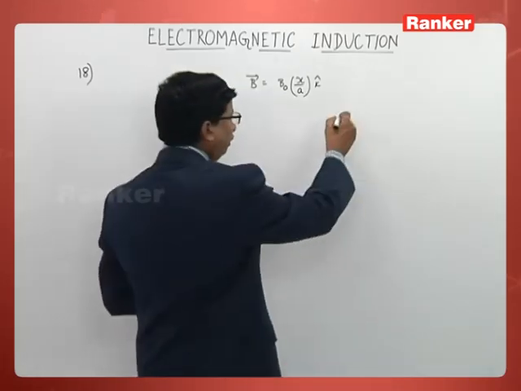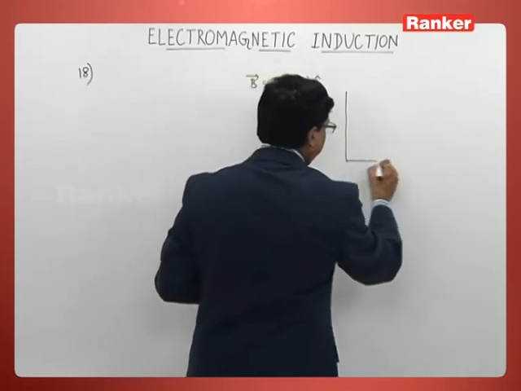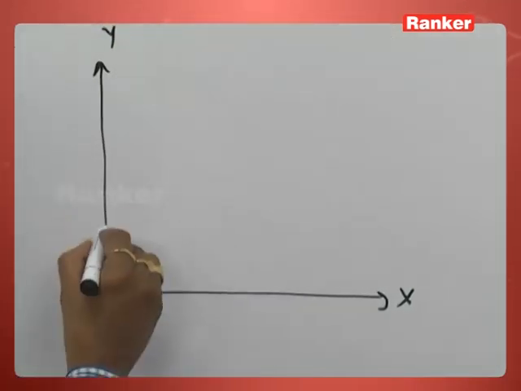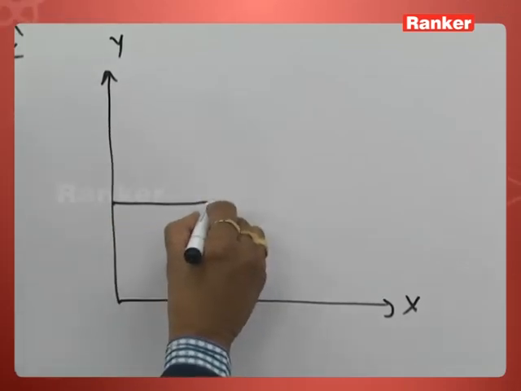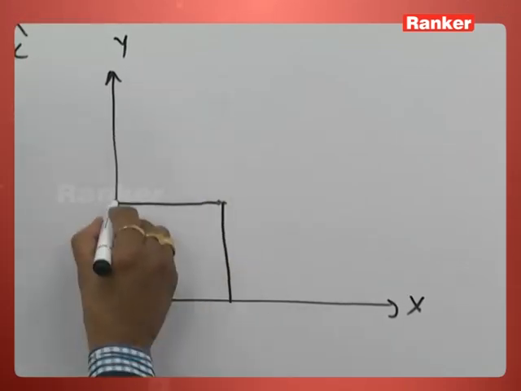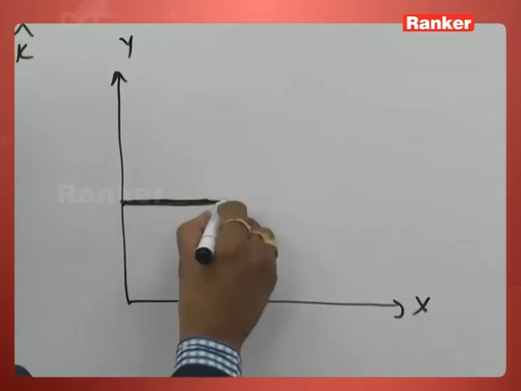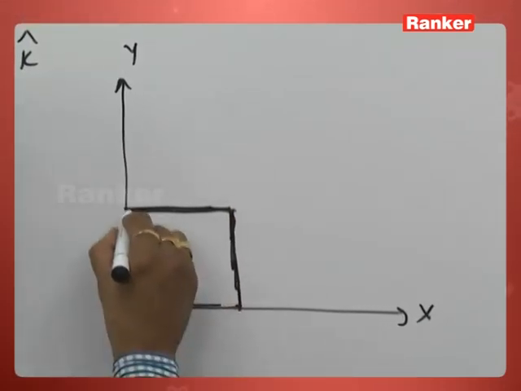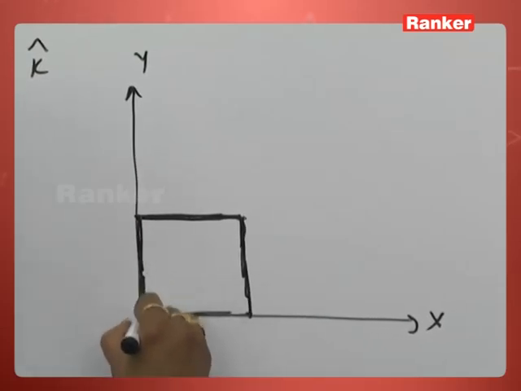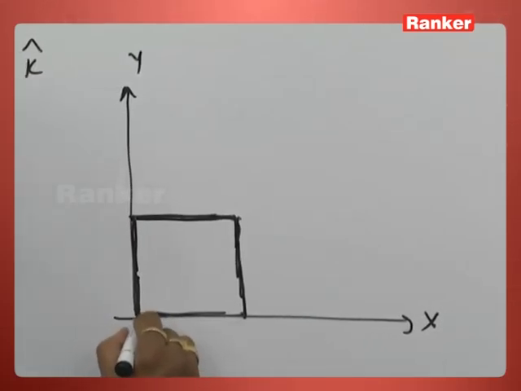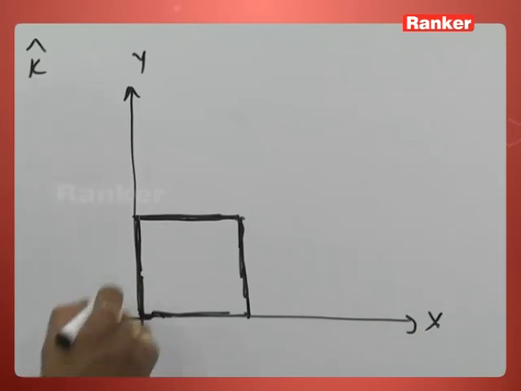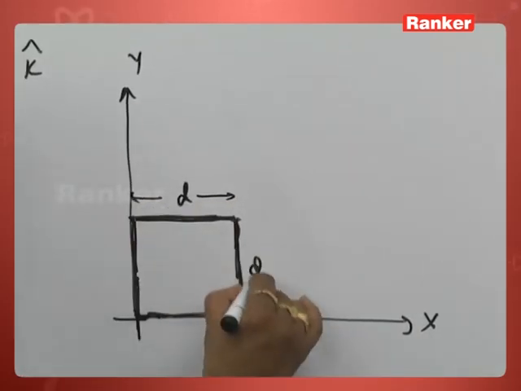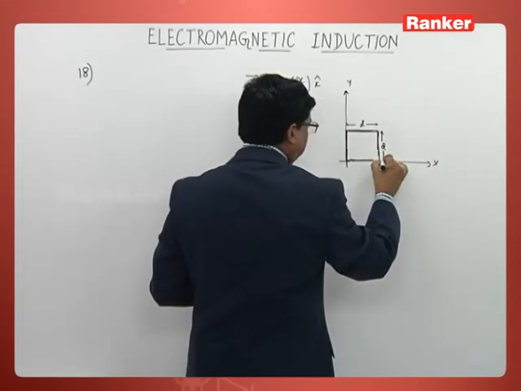So you can certainly understand this way. If I take this as x axis, this as y axis, this is the square loop he is talking about. So one edge is right on x axis and one edge is right on y axis. That's what he is talking about. And he has given us its side length as D.